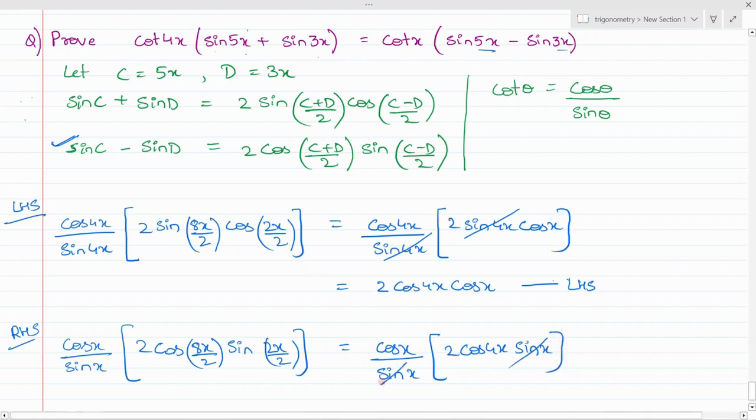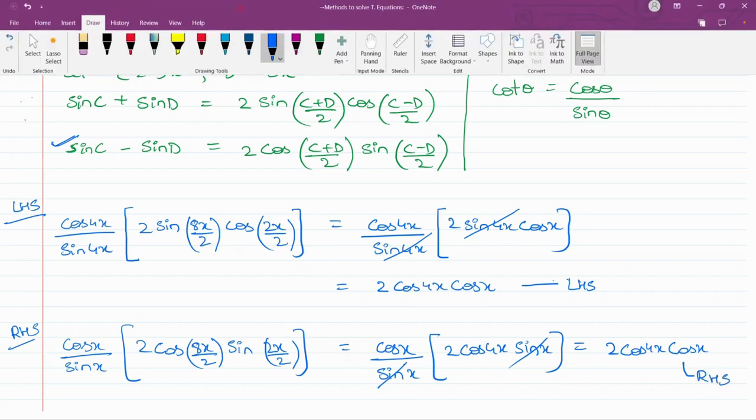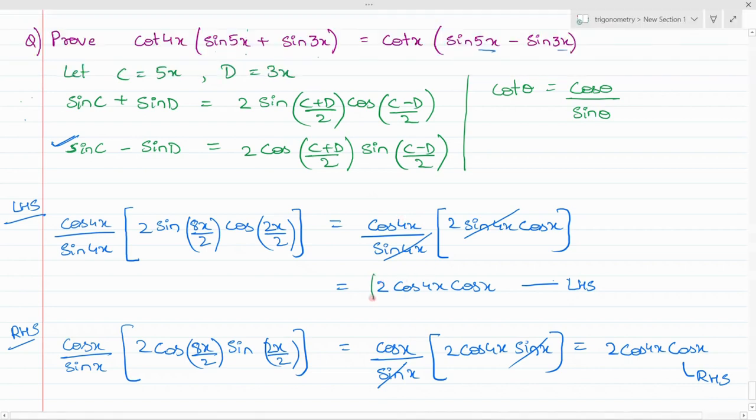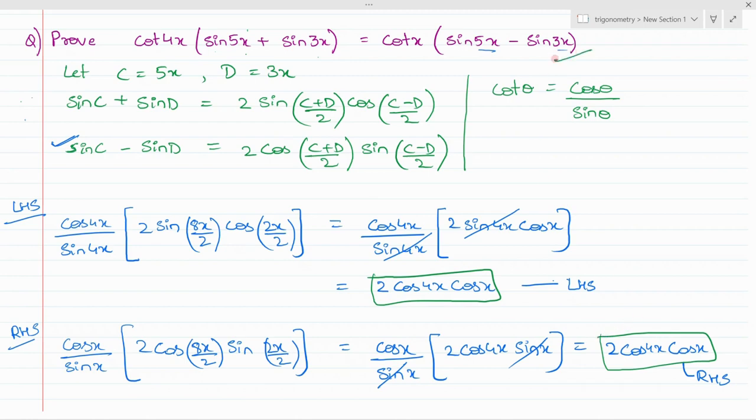Again sin x and sin x get cancelled. From here we'll get 2 cos 4x into cos x, which is the RHS. So if you observe clearly over here, LHS is equal to RHS. So hence proved.